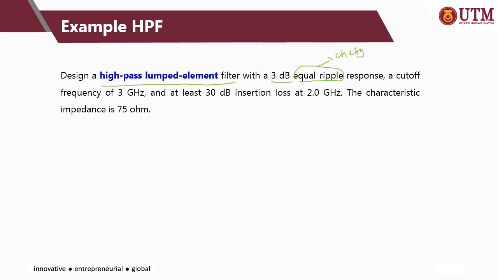A cutoff frequency of 3 gigahertz, so omega c equal to 2 pi of 3 gigahertz, and at least 30 dB insertion loss at 2 gigahertz. So 30 dB insertion loss is the stop band value. So this is an equal ripple high pass filter.